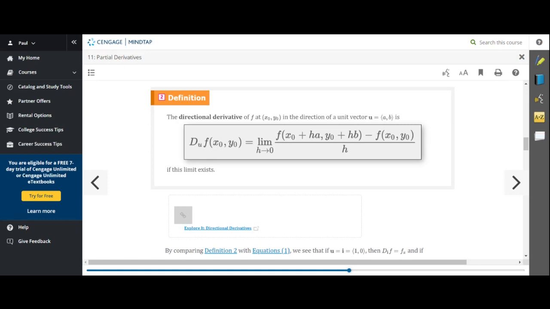Well, fortunately, mathematicians have come up with an easier way to compute a directional derivative.